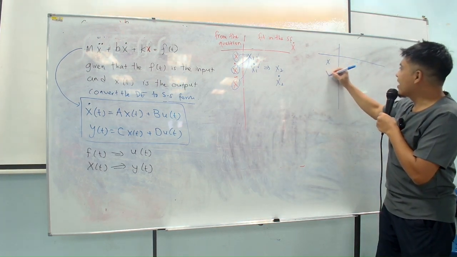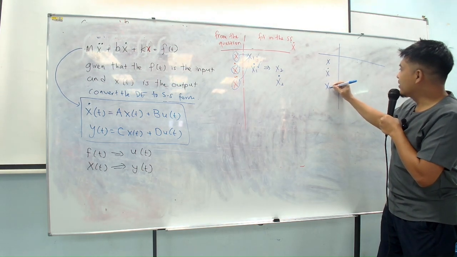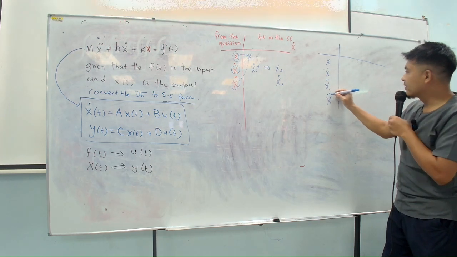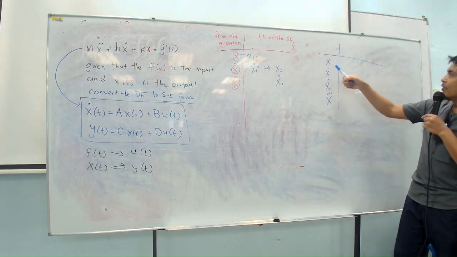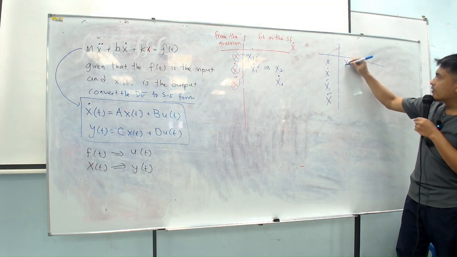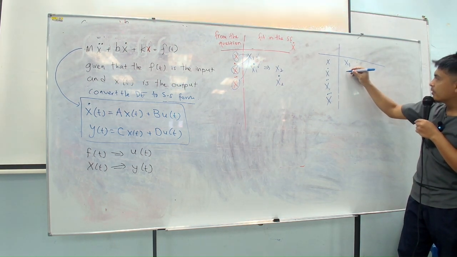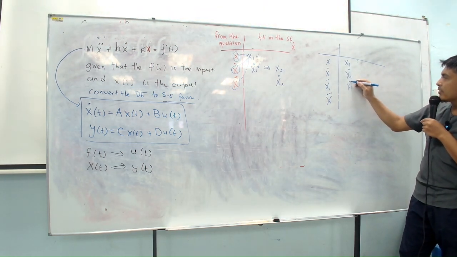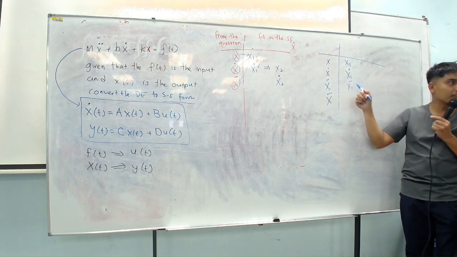So x dot, x double dot, x triple dot. Can? So x becomes x1, then x dot becomes x1 dot. Can you put x1 double dot? No, because you have two dots, is it?